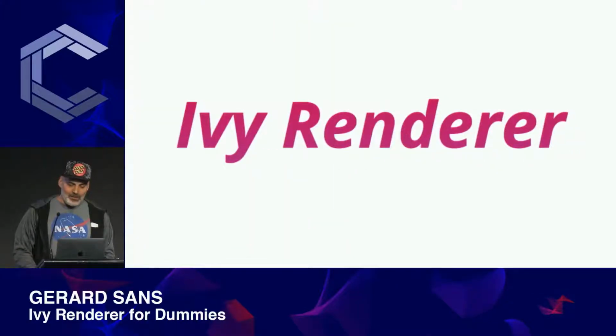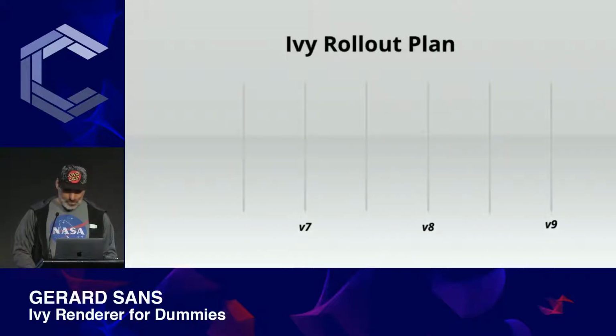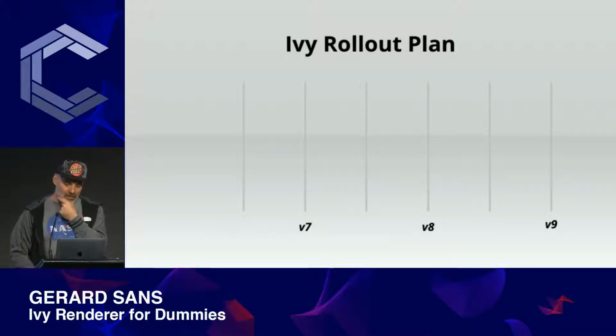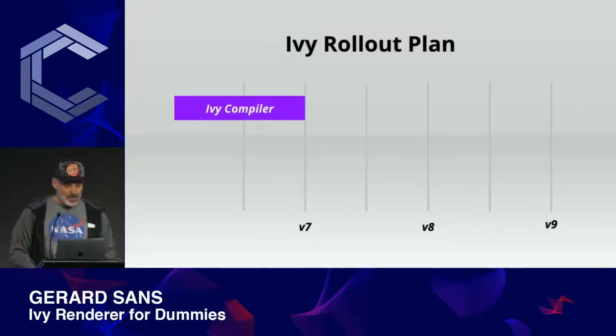So let's cover the Ivy renderer in a little more detail. What's the rollout plan? When are we going to have all of this? I mean, we have been hearing about Ivy since version 6, and it's been a while now. Well, we got the Angular core team working on different pieces.